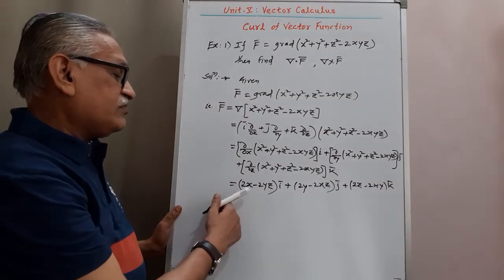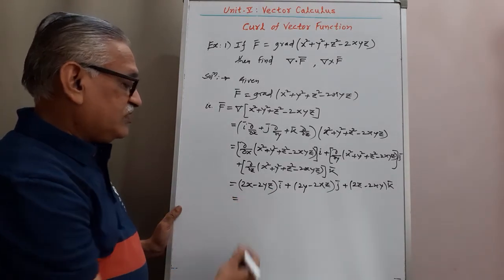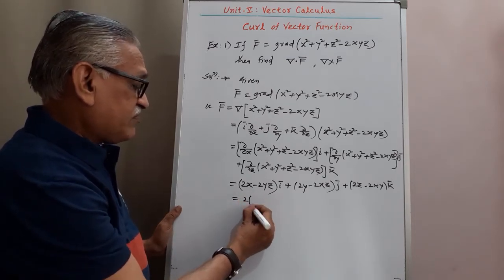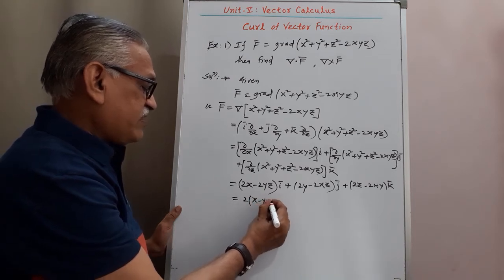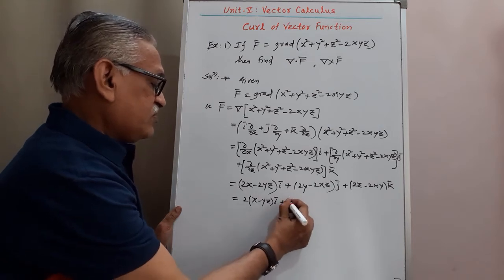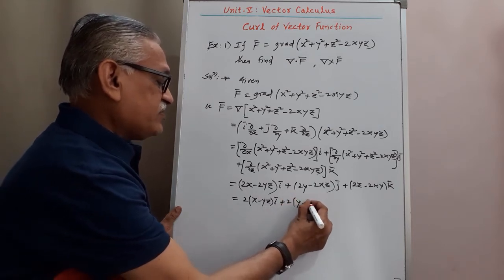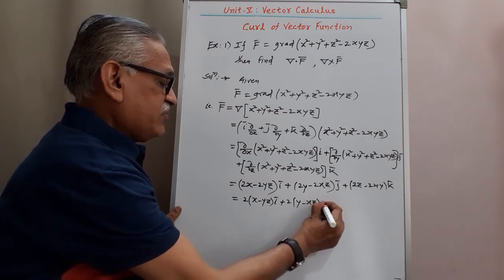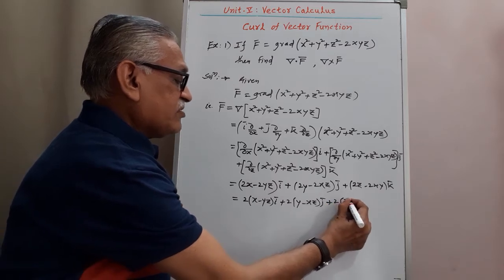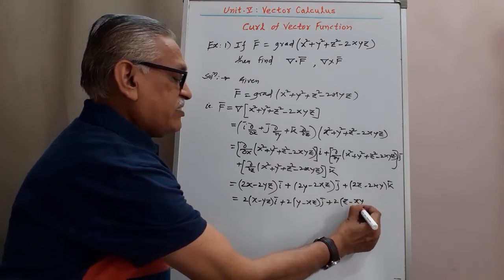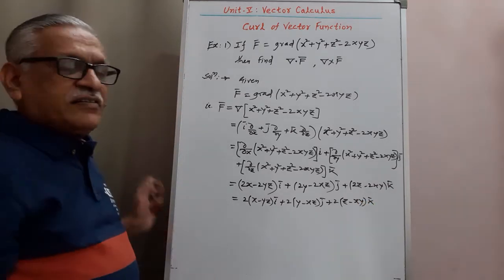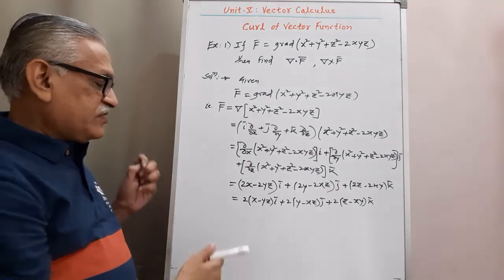and therefore it is 2 times x minus yz into i plus 2 times y minus xz into j, and plus 2 times z minus xy into k as that f bar, a vector function.